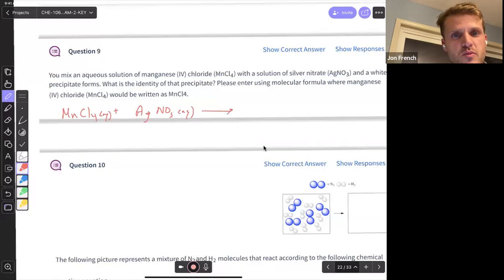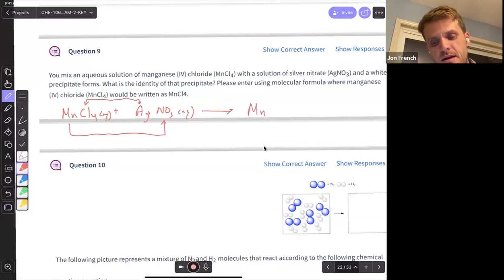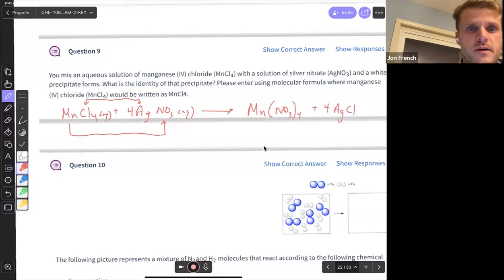I can make 2 possible products there. I'm going to pair the outer and the outer, and the inner and the inner. So one possible product is manganese nitrate, and the other possible product is silver chloride, right?